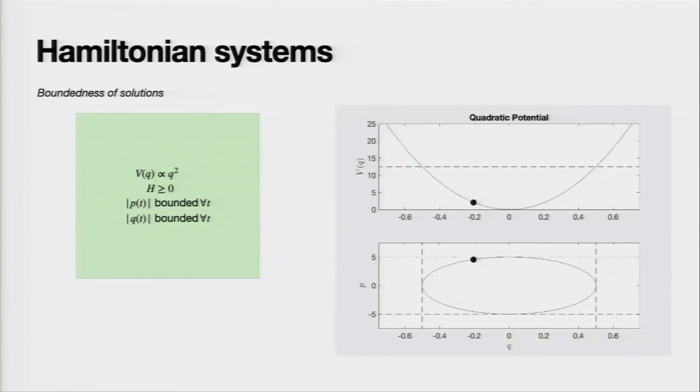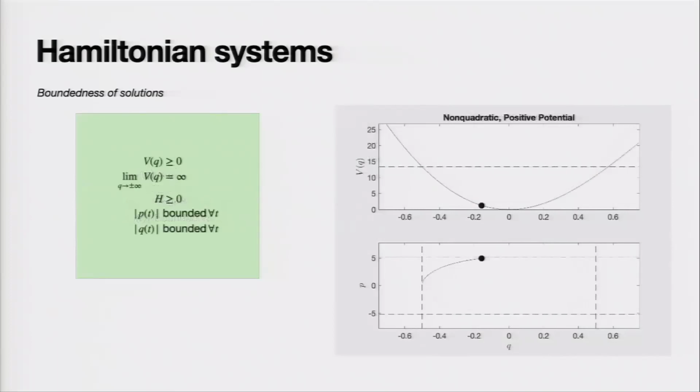The mass is just moving up and down because the energy is conserved. This value over here is the value of the total energy, which is equal to the initial energy. Your mass will just be moving up and down, and it will form this ellipse in the phase space. This is the easiest case of a quadratic potential, which is essentially a linear problem.